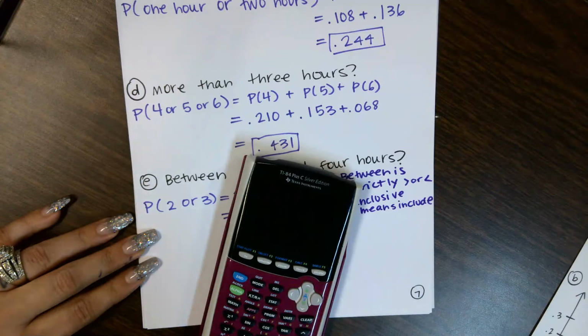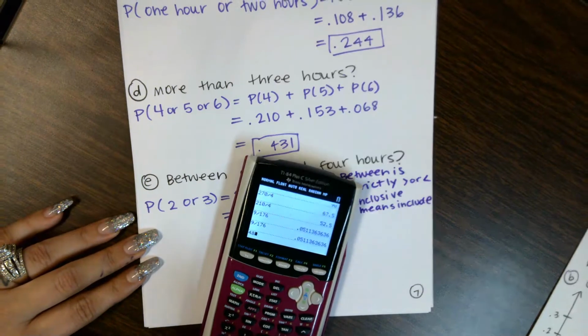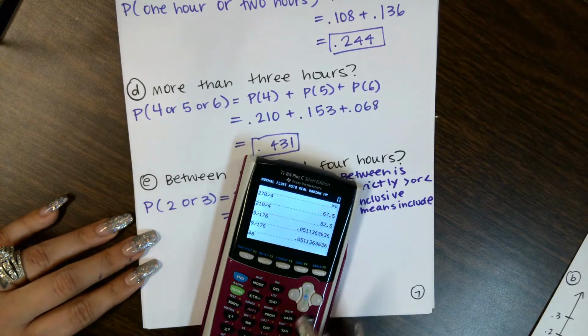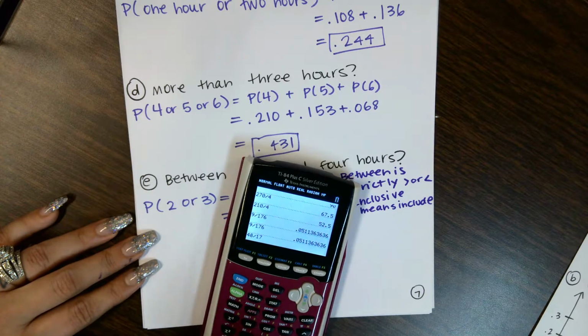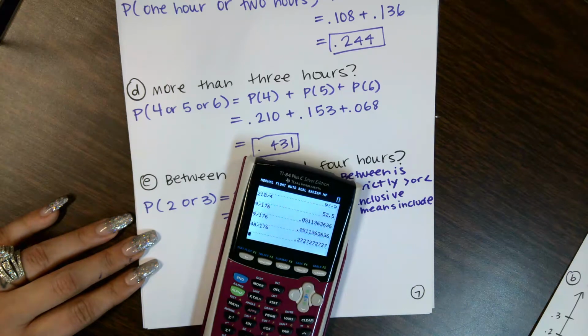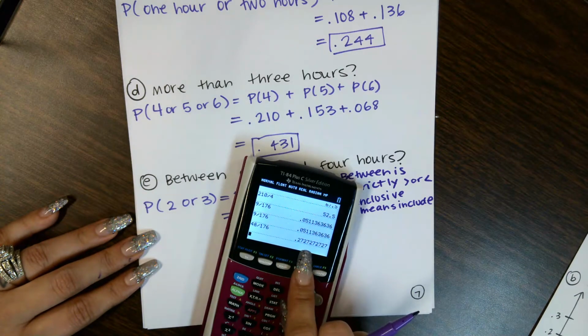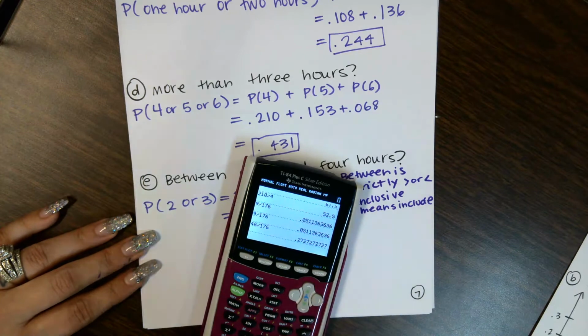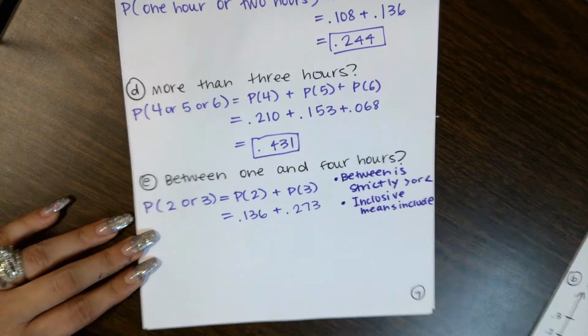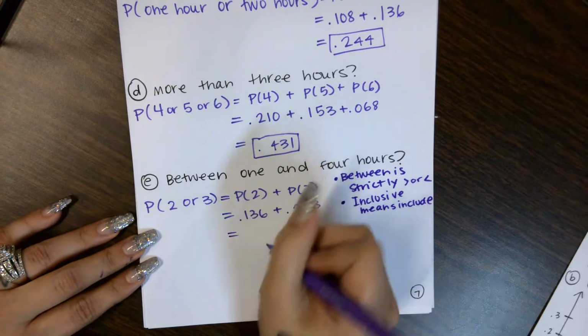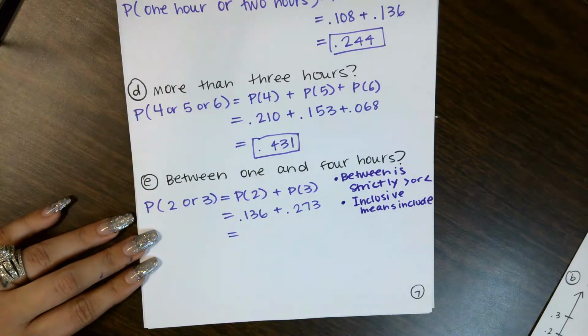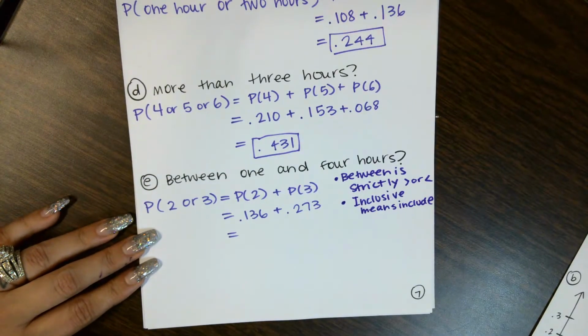And I could do it again, because if I'm talking about P of 3, 48 players practiced for 3 hours, and if I divide that by the total number of players, which is 176, I get 0.27272. It told me around 3 decimal places, so that second 7 rounds that second 2 to a 3. And what I end up getting for the probability of randomly selecting a player who practiced between 1 and 4 hours is 0.409.